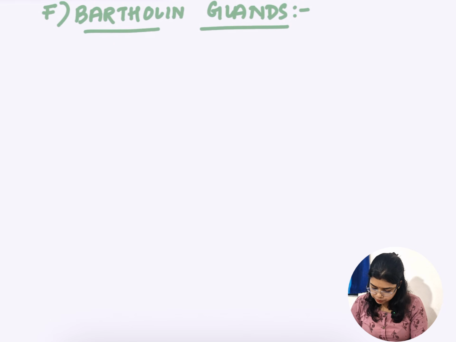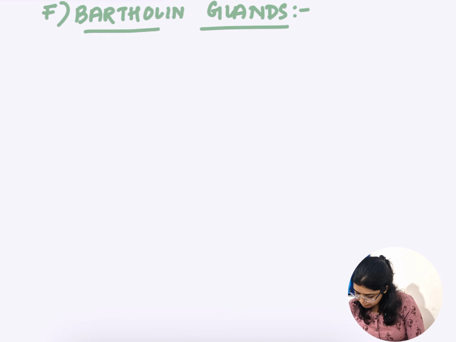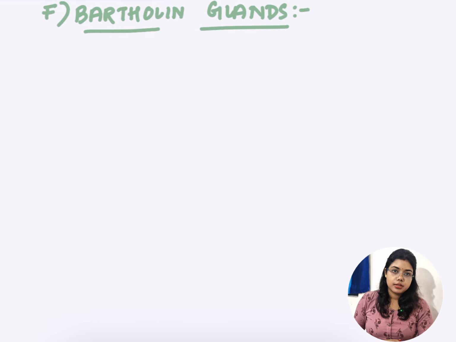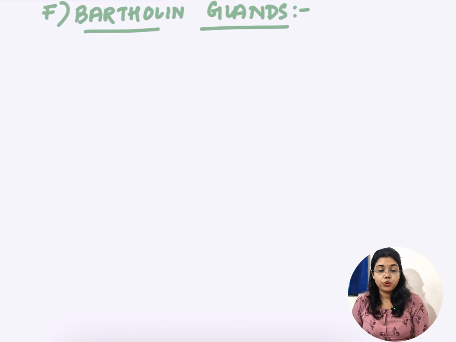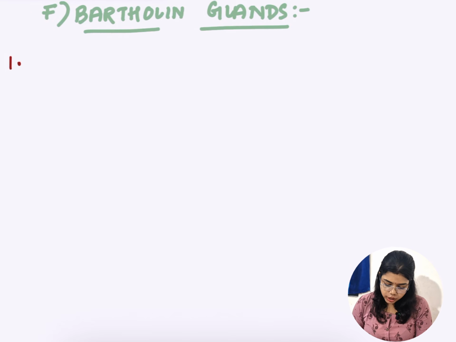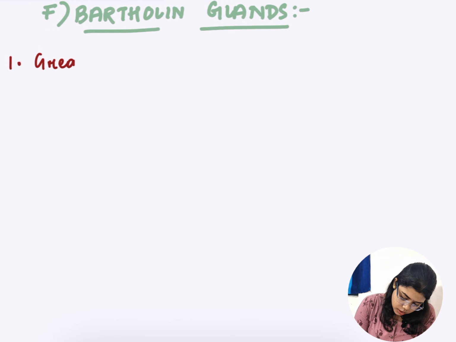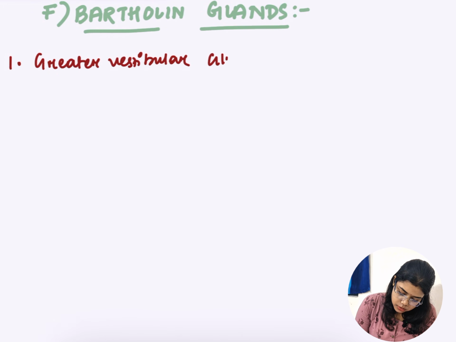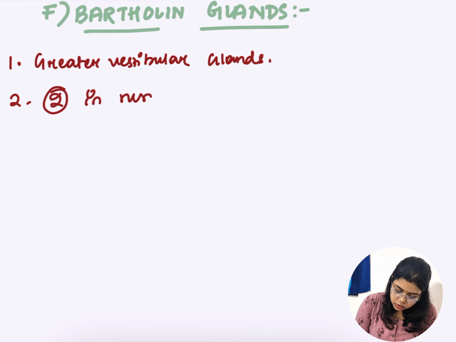Now let's come to the Bartholin glands. What are the Bartholin glands? Okay, these are the two greater vestibular glands, two in number.